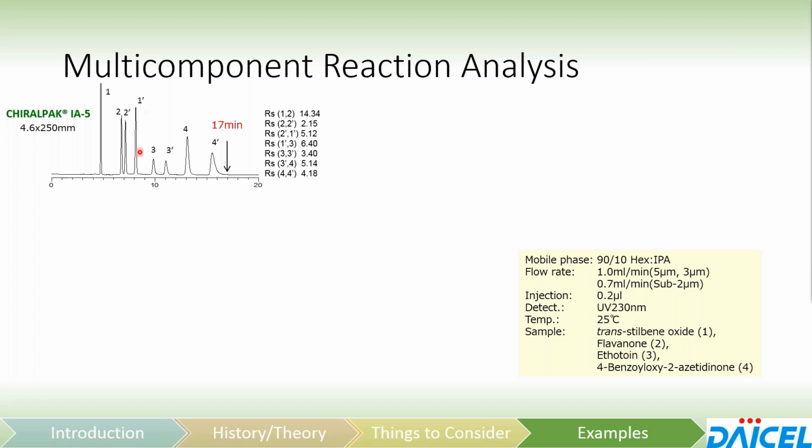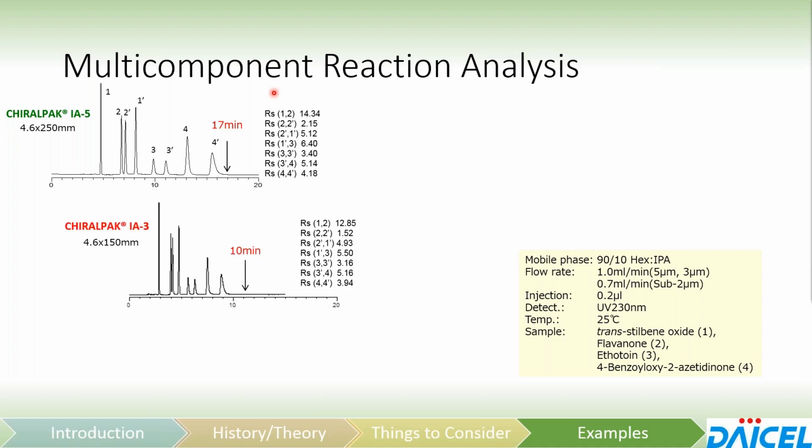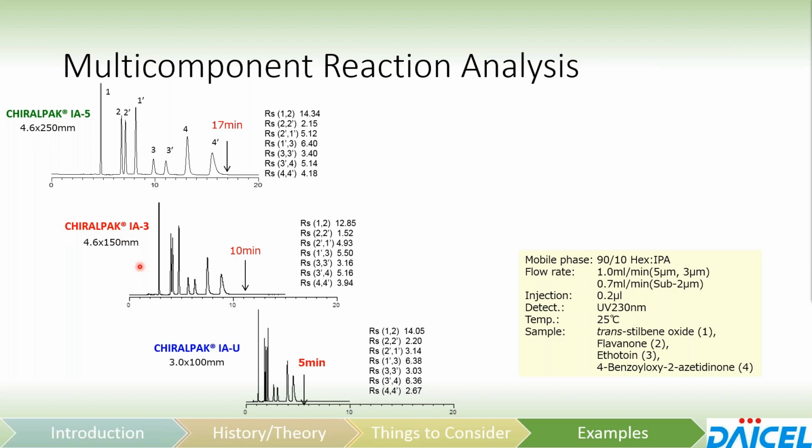So if you go from your 5 micron 17-minute method and just jump down to 3 micron, you can increase your efficiency, improve your analysis time to 10 minutes. You can also cut your column length down to 150 millimeters, and then make the step to sub 2 micron IAU. You've now cut your analysis time down to 5 minutes.